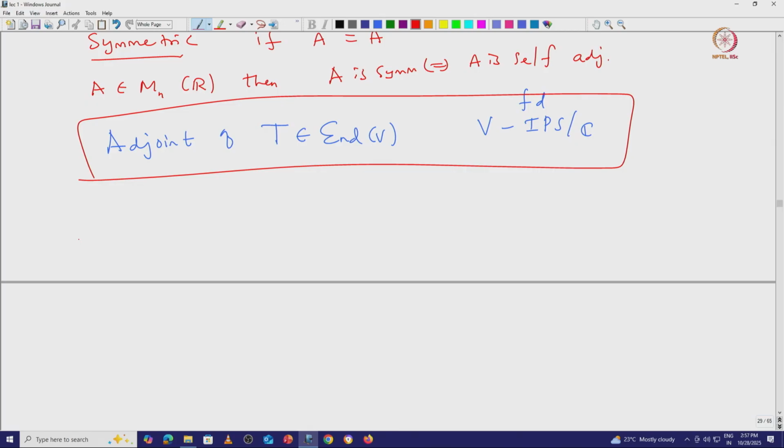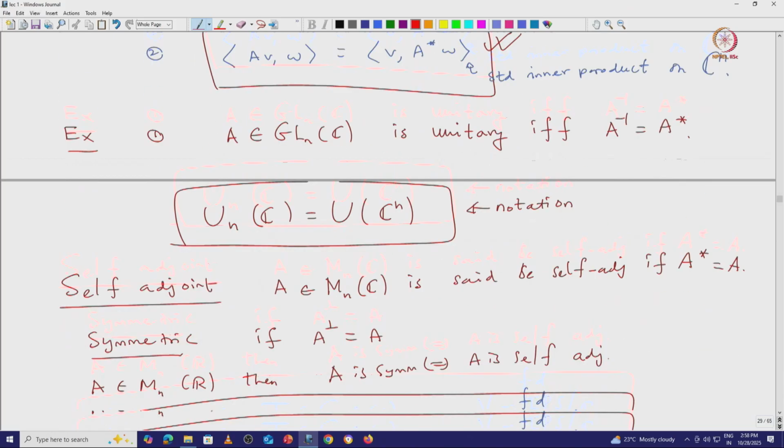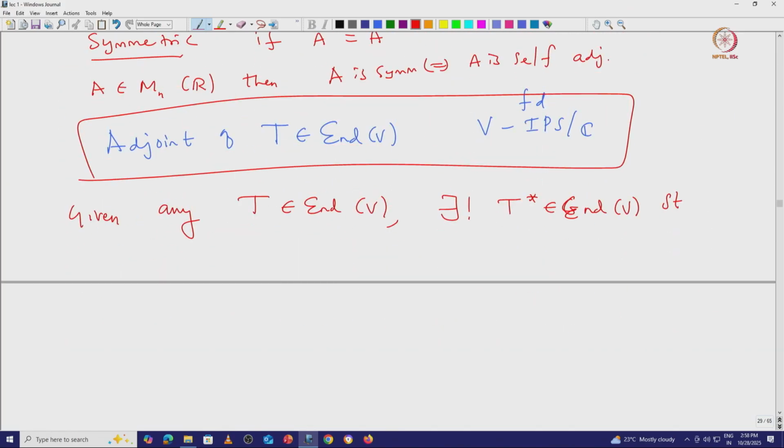Given any T, there exists a unique T star, again an operator, such that the same equation that we mentioned for the standard inner product holds here with respect to a general inner product.